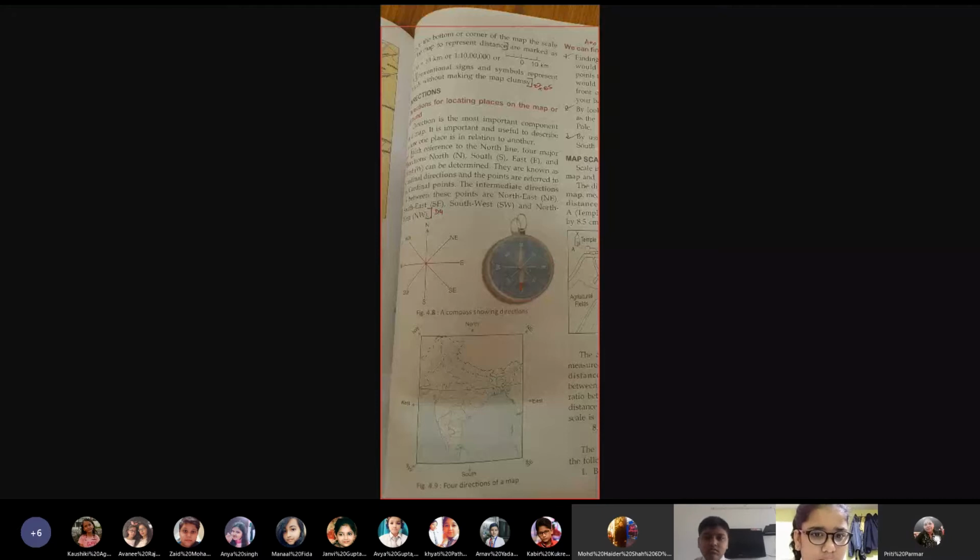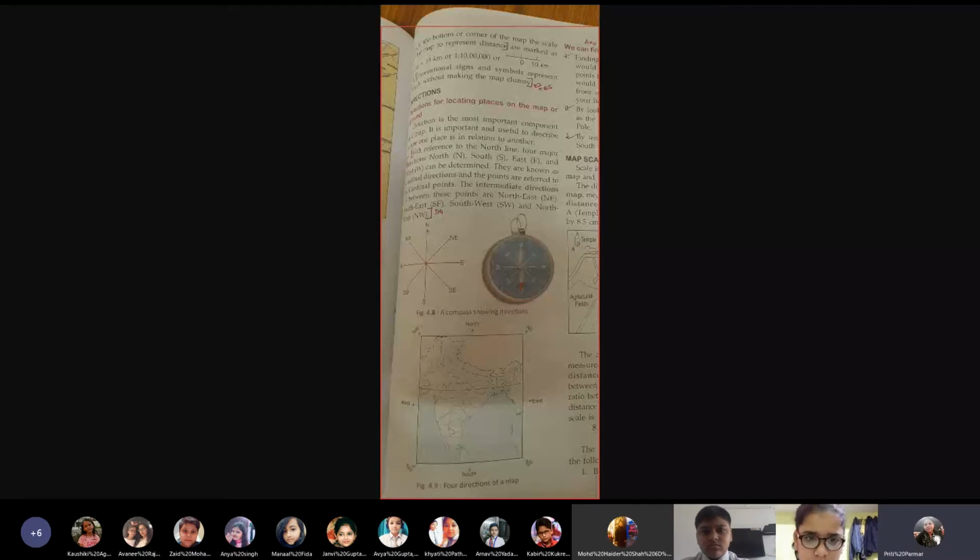Yes, ma'am. Okay. Now moving further. Directions. Directions for locating places on the map or ground. Now, how is direction located on a map and on the ground? Let us see. Direction is the most important component of a map. It is important and useful to describe where one place is in relation to another.